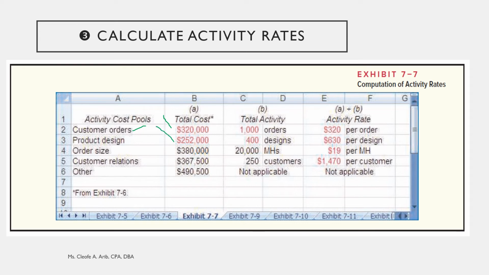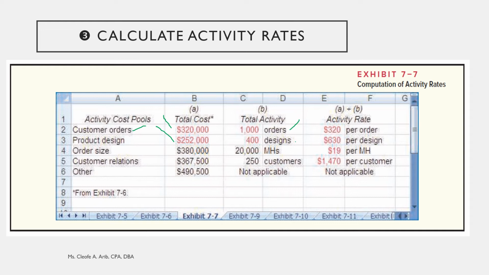We have determined also in the earlier slides that for customer orders, your activity measure is the number of orders. And then for product design, it will be the number of designs. And then for order size, the number of machine hours. And then for customer relations, the number of customers.